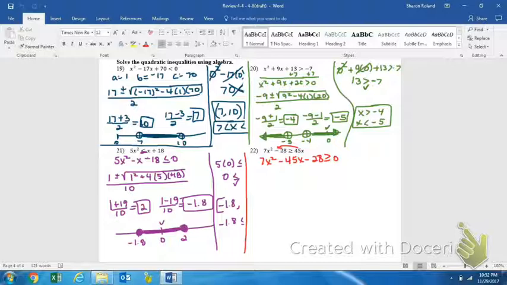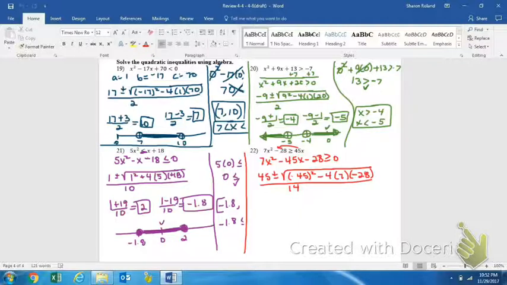So that's going to be negative b, which is going to be positive 45, plus or minus the square root of b squared, that's negative 45 squared, minus 4 times a times negative 28. All of this is over 2a, which is 2 times 7, and that's 14.